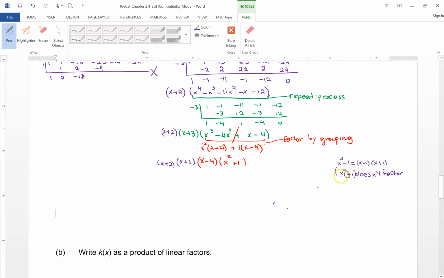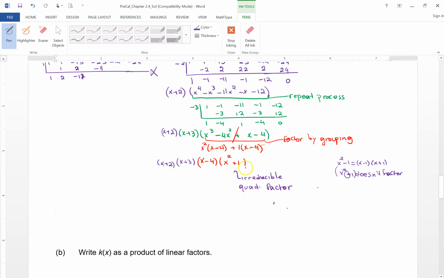Okay? Now, this is a quadratic term which does not factor. It's called irreducible because it cannot be reduced. It's an irreducible quadratic factor. Okay? So, x squared plus 1 is a factor of our equation.